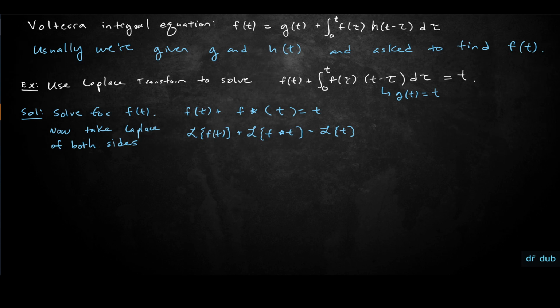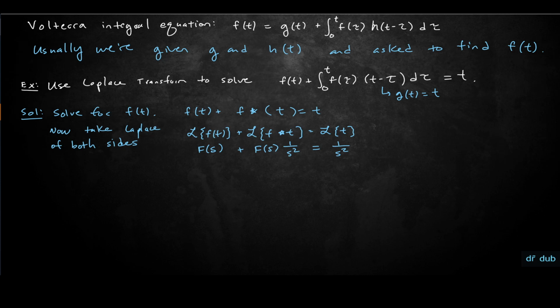And Laplace of f of t is just capital F of s. If I use the convolution theorem to take Laplace transform of f star t, it's just Laplace of f, which is capital F of s, times Laplace of t, which is 1 over s squared.